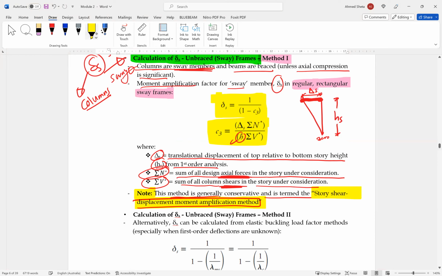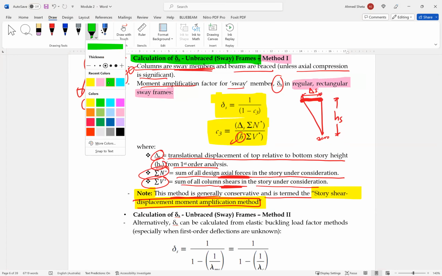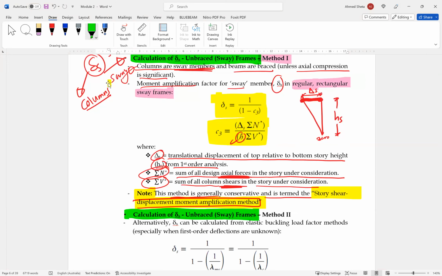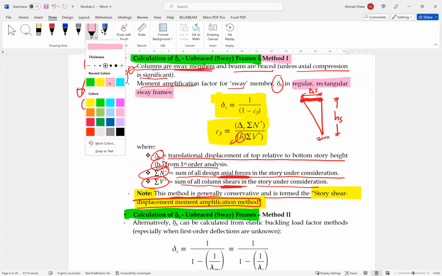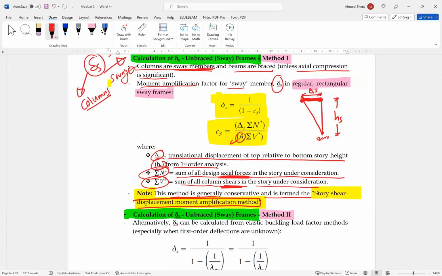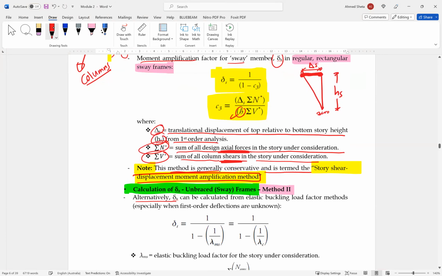Method number 2 for delta S. Alternatively, delta S can be calculated from the elastic buckling load factor method, especially when first order deflections are known.